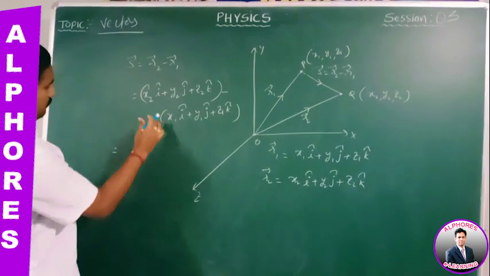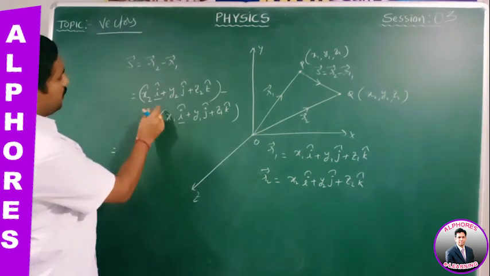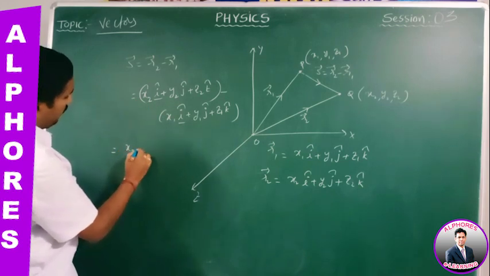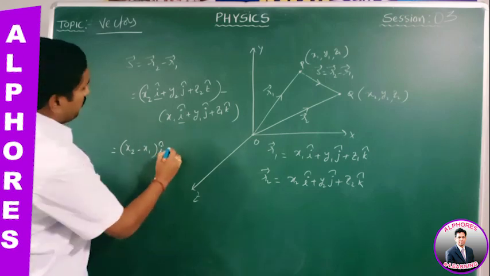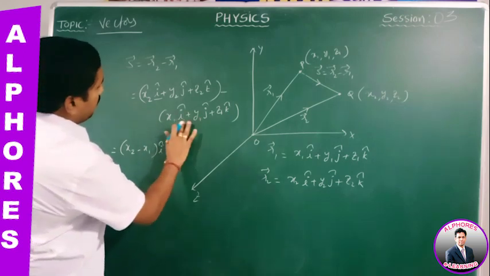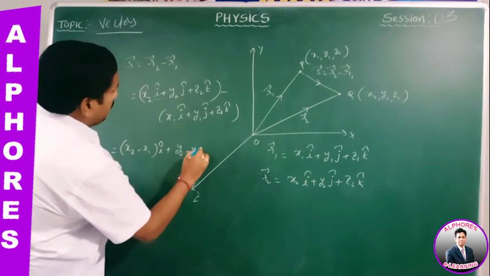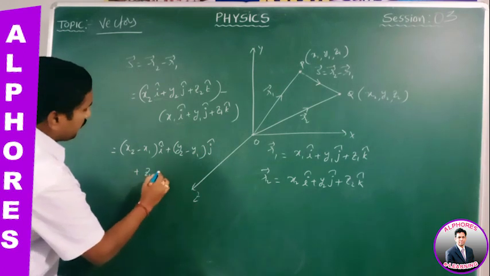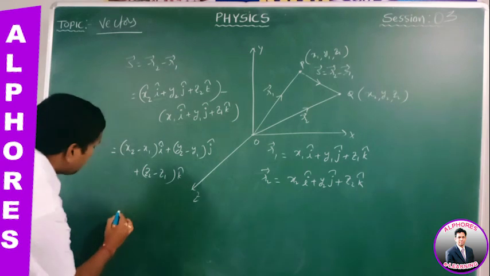We have to subtract x1 from x2, so taking i common, x2 minus x1 into i cap, plus, taking j common, y2 minus y1 into j cap, and at the same time plus z2 minus z1 into k cap.